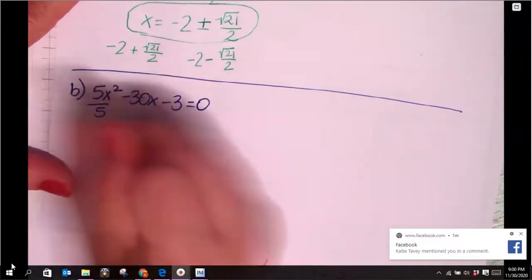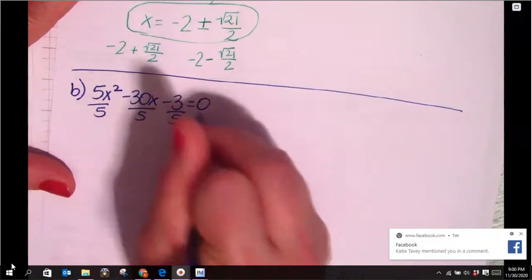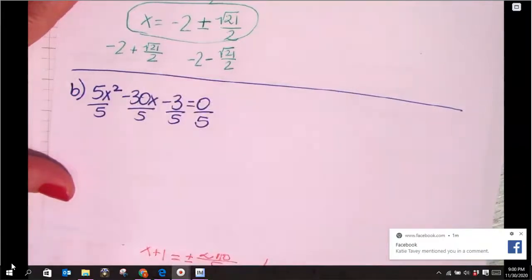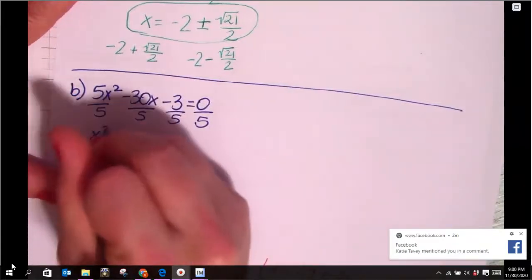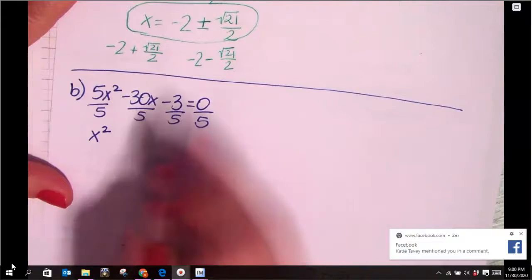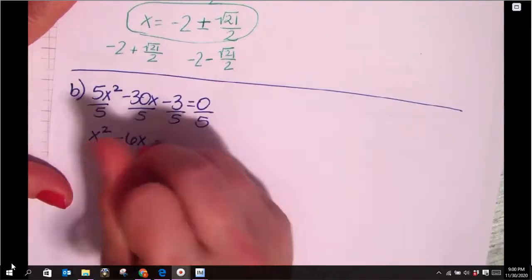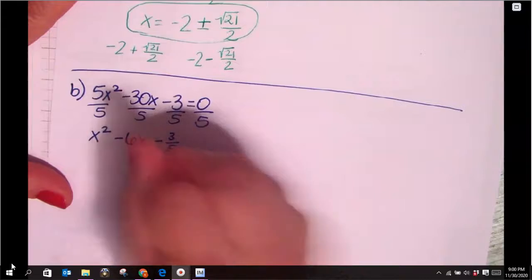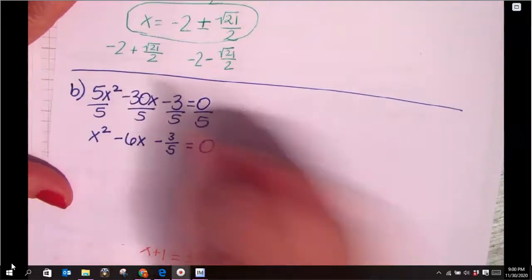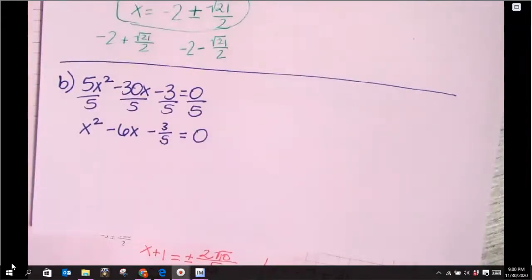So I'm going to divide everybody by 5. Those 5's cancel and just leave you with x squared. Negative 30 divided by 5 is negative 6x. Negative 3 divided by 5 is a decimal, so we leave it as that fraction. 0 divided by 5 is 0.